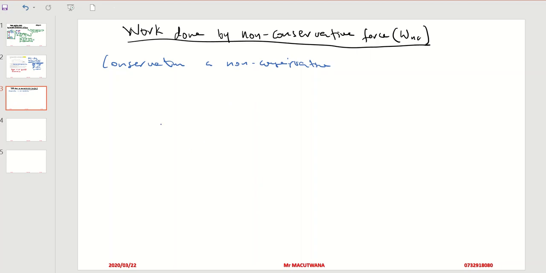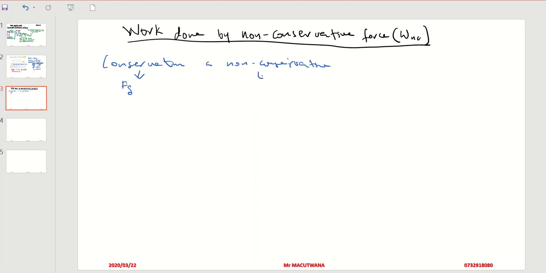Now with conservative, I think we had an agreement that the conservative force in this study of work, energy and power will be the force of gravity.